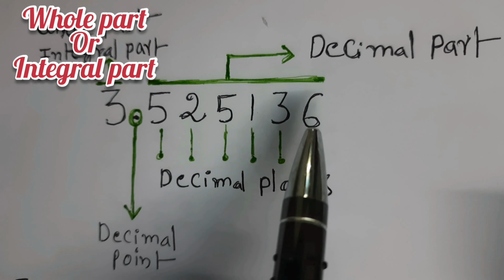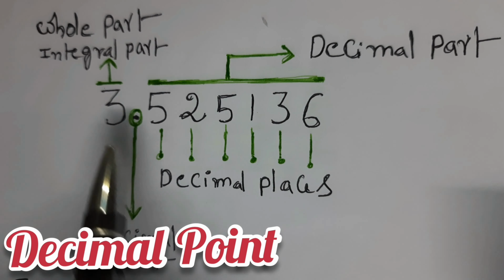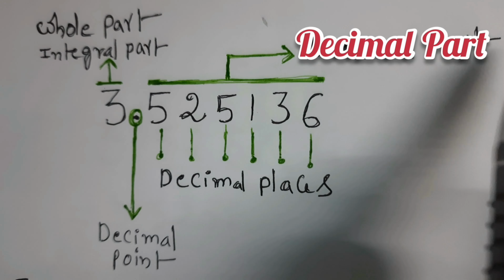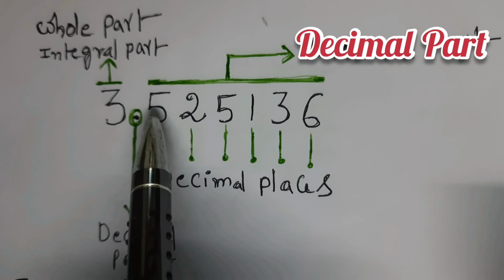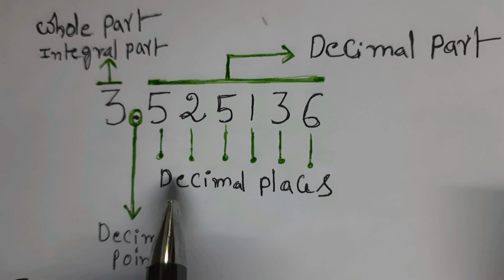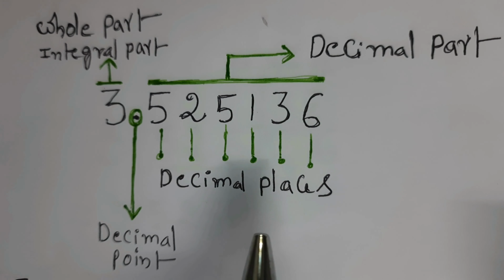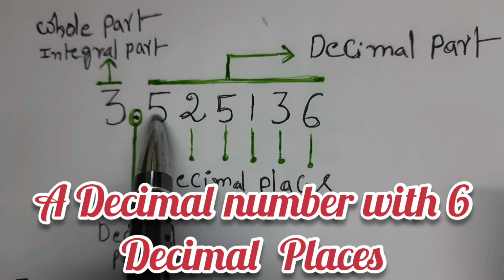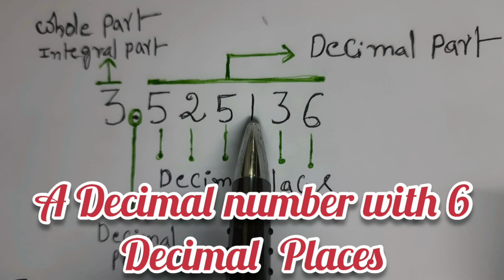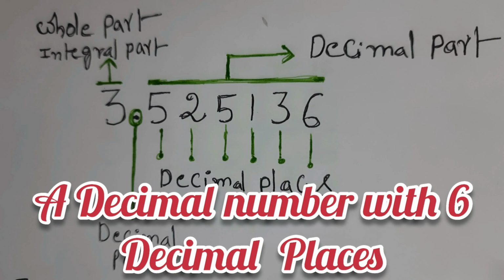The number to the right side of this decimal point is a decimal part. These digits are decimal places. So it is a decimal number with 1, 2, 3, 4, 5, 6 decimal places.